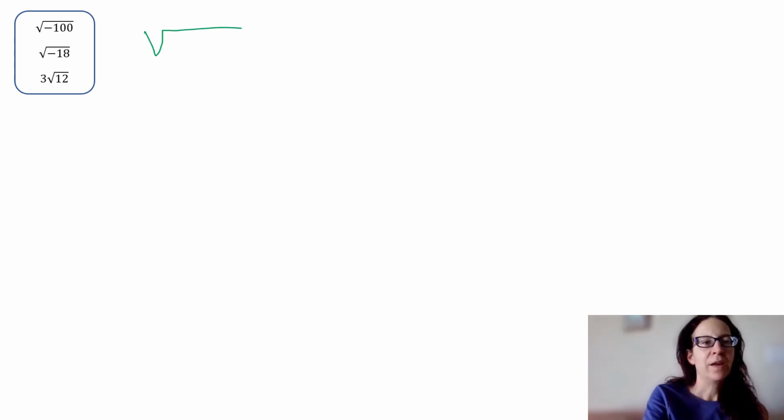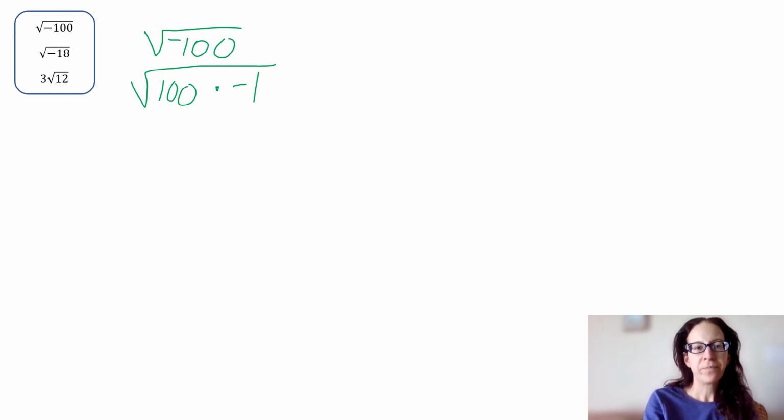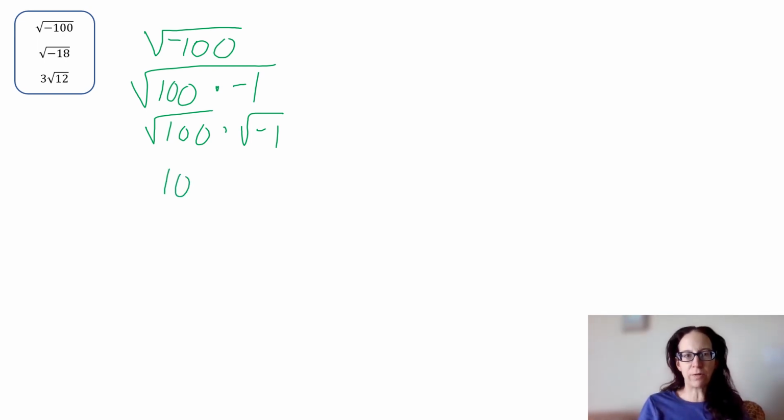Here we go. Negative 100. We know that negative 100 is equal to 100 times negative 1. Then we have a property of square roots that allows us to take the square root of each of those separately. The square root of 100 is 10. You have to drop the square root when you take it.